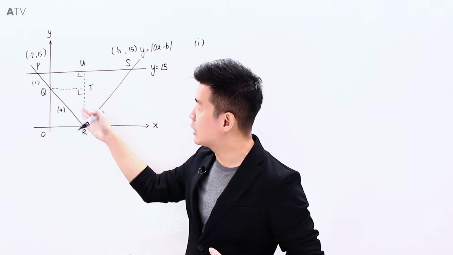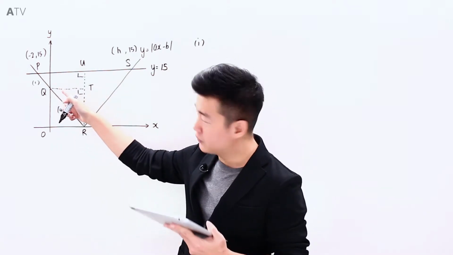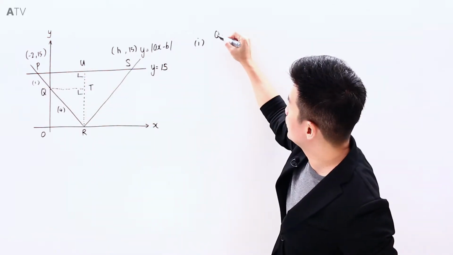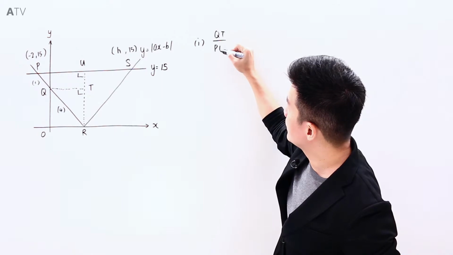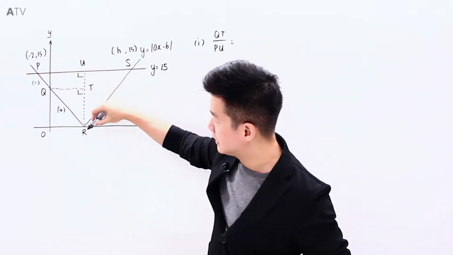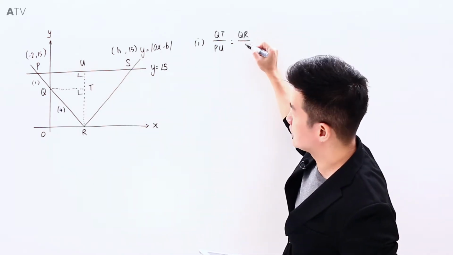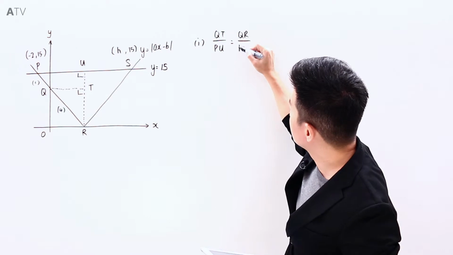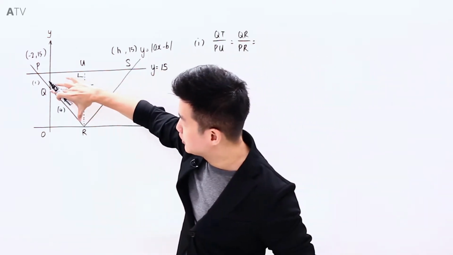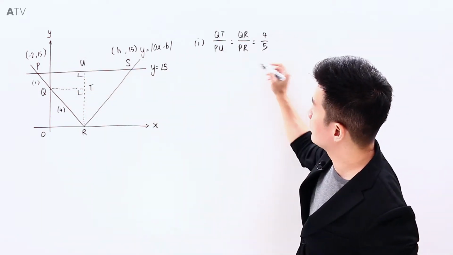And I'm going to try to equate the lengths together. I'm going to equate the length of QT to PU. So QT over PU is going to be the same as this length over this length. So it will be the same as QR divided by PR. And QR divided by PR, since we know the proportion is 4:5, it will be 4/5.